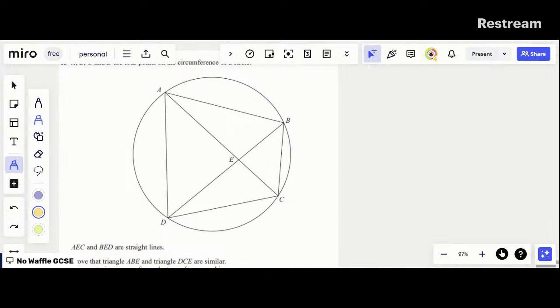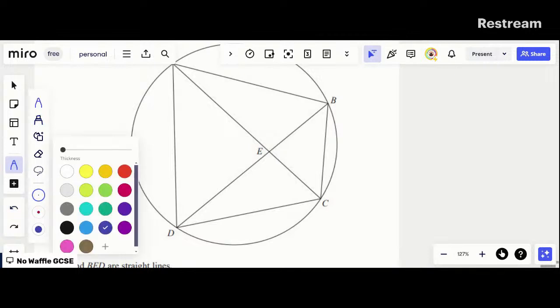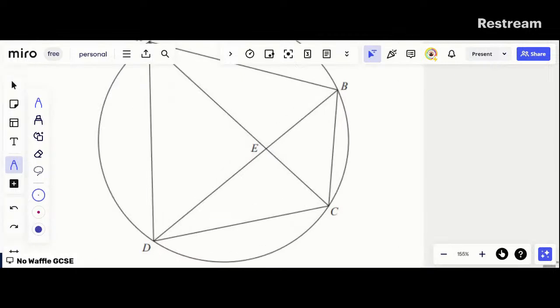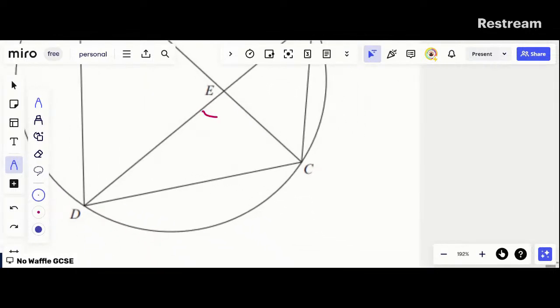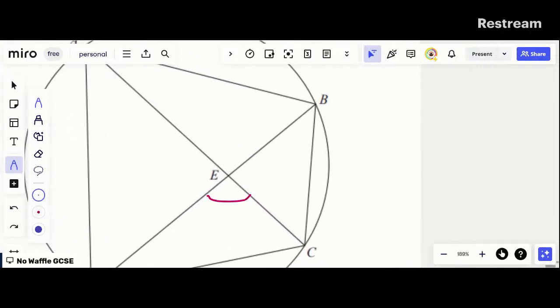Now, what else can we think about? What else do we know? Because they're straight lines, we've got the vertically opposite angles here and here. So let's start labeling some angles, and writing our conclusions from them. So we know that angle DEC is going to equal angle AEB.